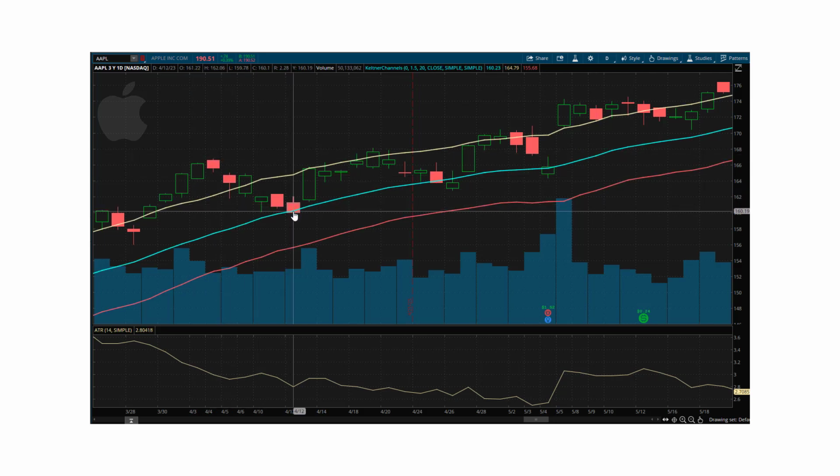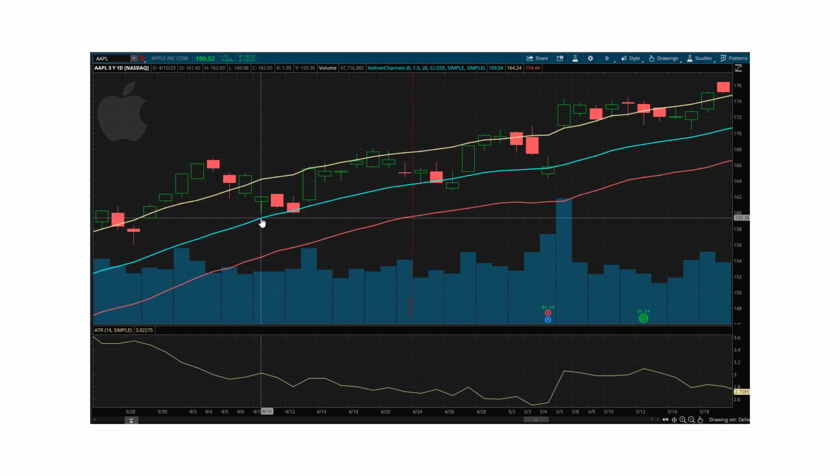One is you can just wait until it hits the blue line midday, wherever that is, knowing that at the end of the day, the blue line might shift a little bit based on whatever the outcome is of the day's price activity. It will still likely be near the finished blue line value at the end of the day. So it's more of an estimate that way, not knowing exactly where the blue line will be at the end of the day, but knowing it likely will be in that general vicinity. That's one way to handle it.